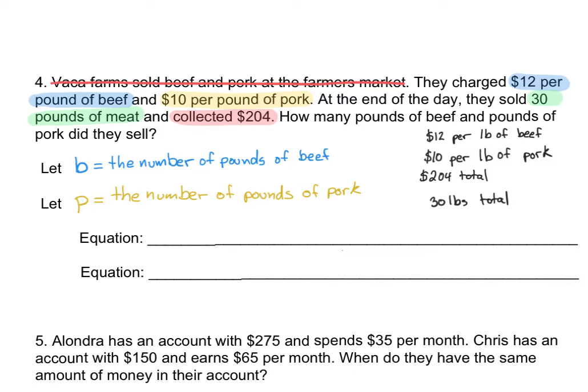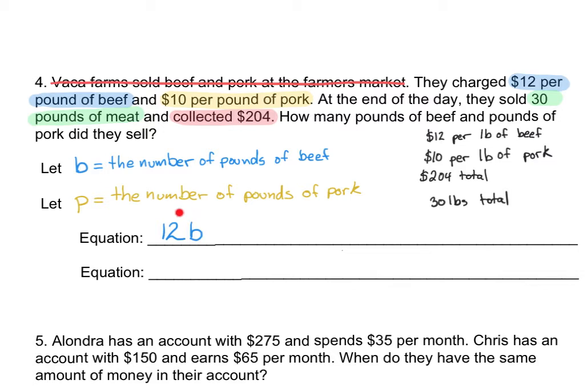So, first this says $12 per pound of beef and $10 per pound of pork and $204 total. So that's all information about money. Those are all going to be in the same equation. Now, since $12 goes with pounds of beef, I'm going to write 12, that's the price per pound of beef, and that is the coefficient on B, the number of pounds of beef, right?